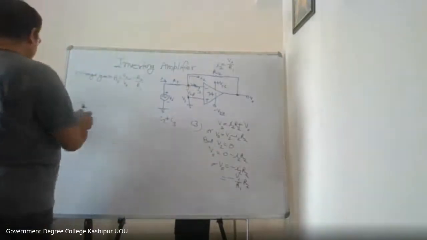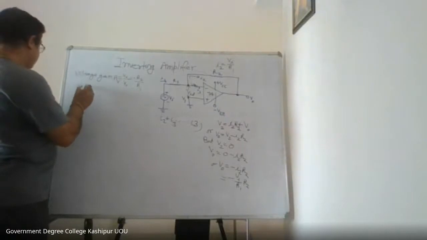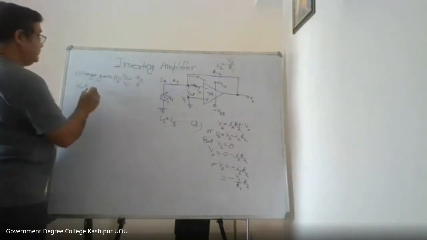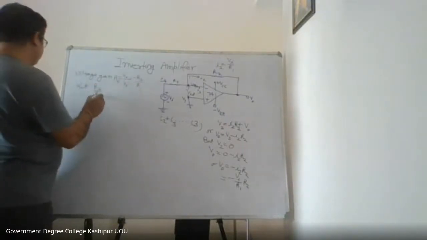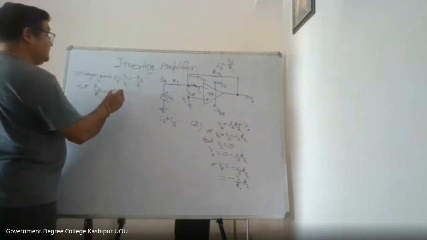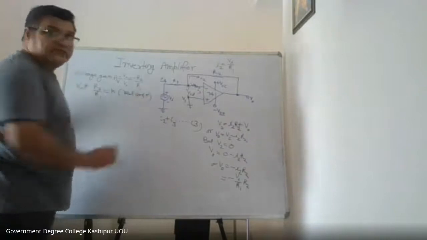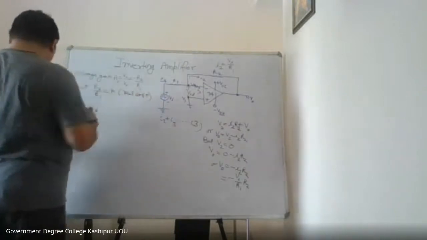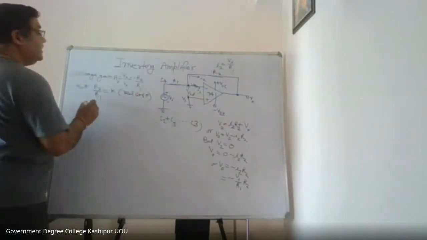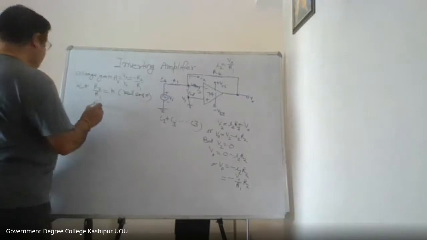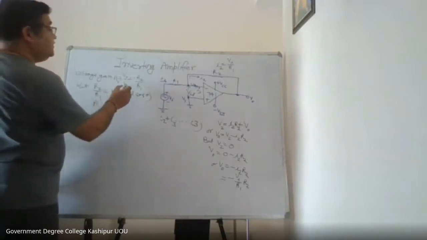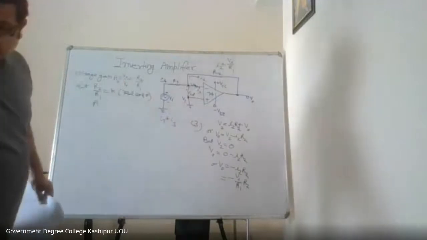Now let this ratio R2 upon R1 be a constant K, a real constant. Then AV, or you can write VO upon Vi, equal to minus K.